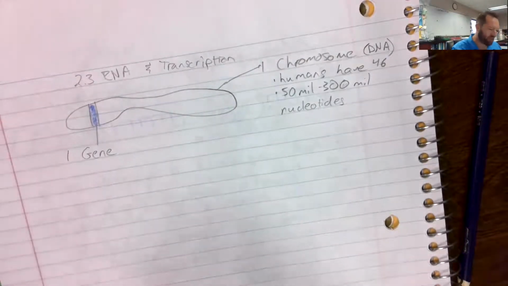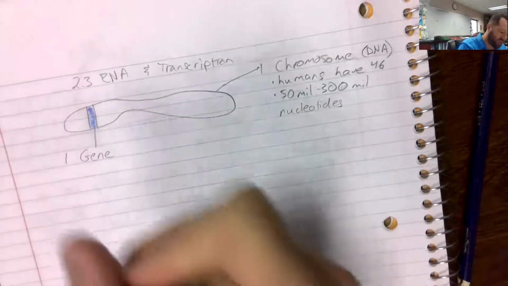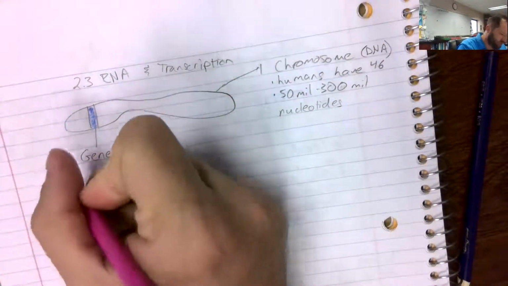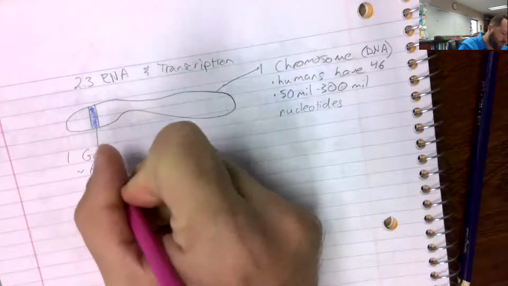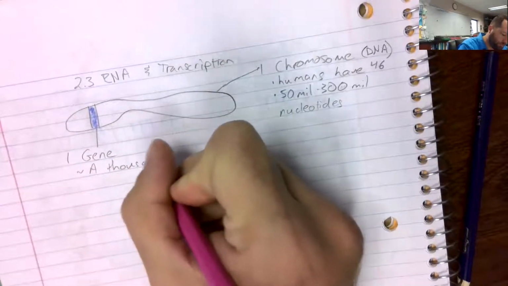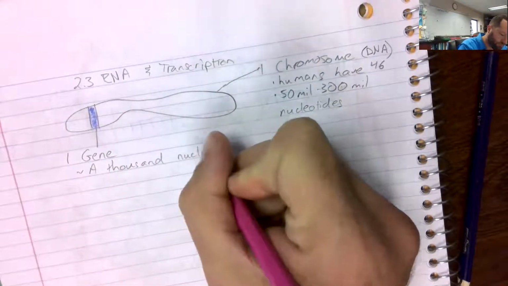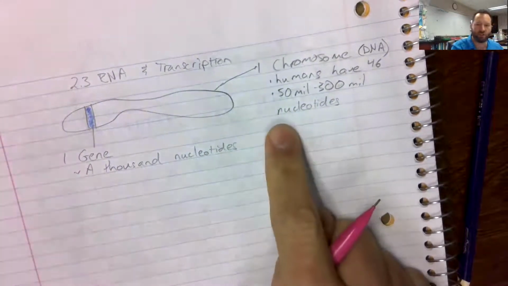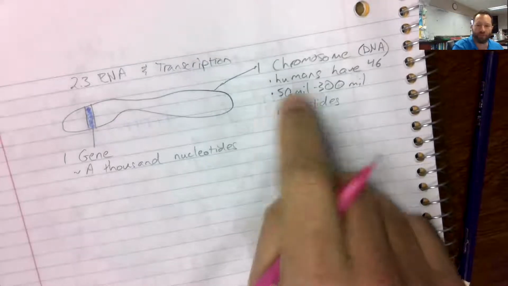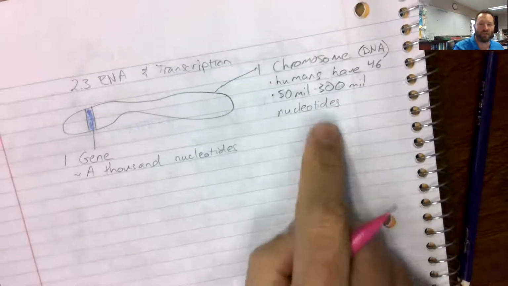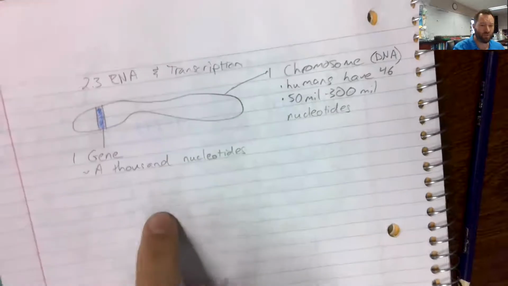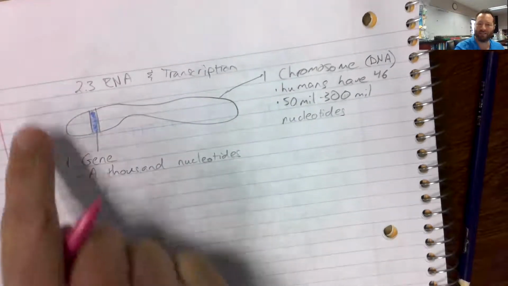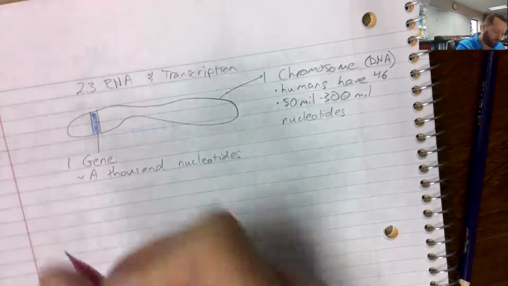We're not copying the entire chromosome. One gene is just a few thousand nucleotides. So just a very small fraction of the 50 million to 300 million nucleotides found in the entire chromosome. So not the whole chromosome at all.